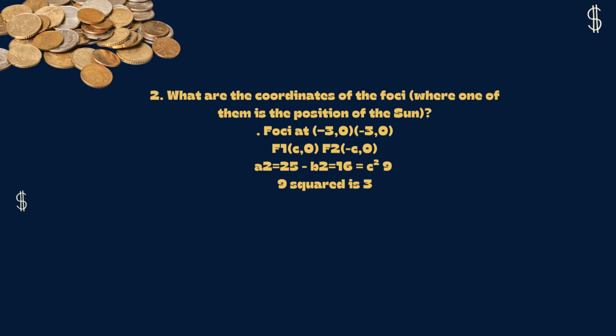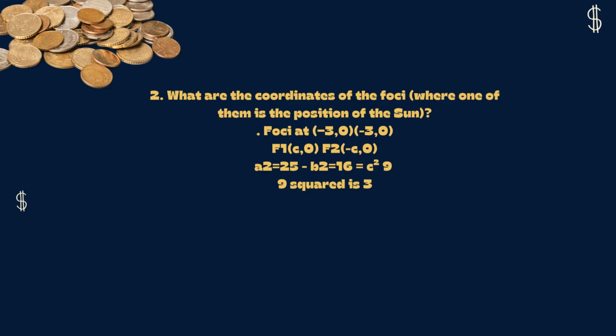So, since F1 uses the letter c, our c is 3. So F1 is (3, 0). And F2 is found using negative c.